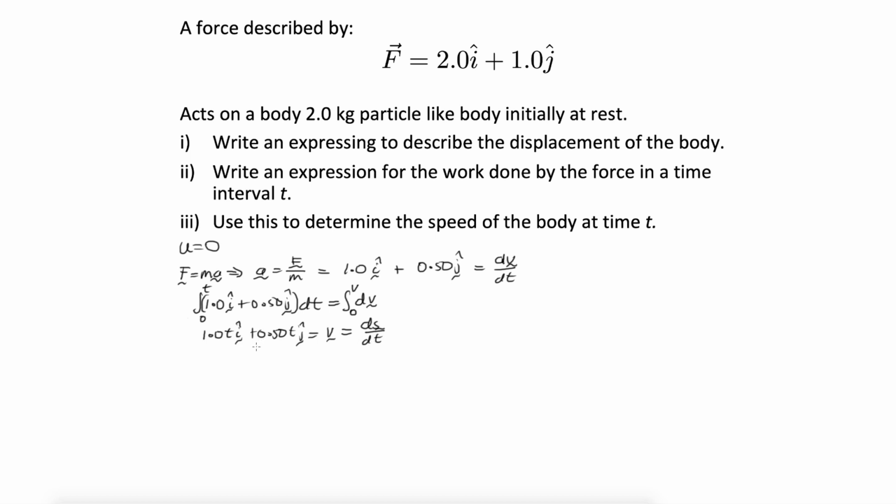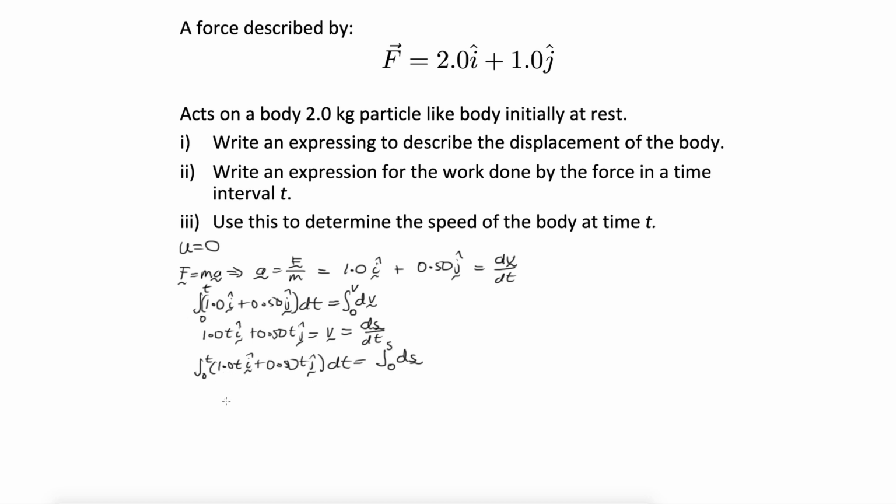So now we're going to integrate this again. So now we're going from 0 to t, and we've got 1.0 ti plus 0.50 tj dt, which is equal to the integral of ds. And if we're measuring the displacement from its initial position, then it starts at 0 and it's going up to some displacement, which we will call s.